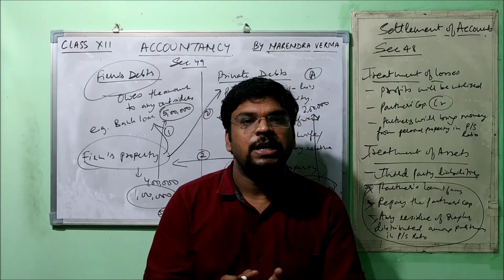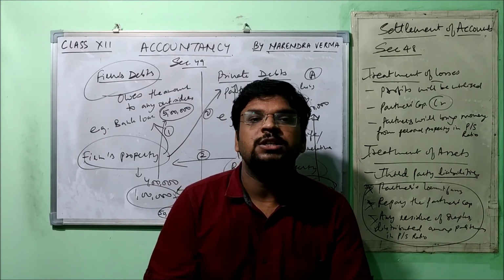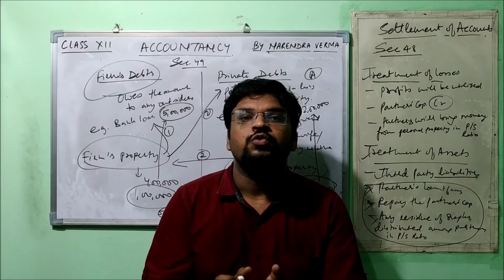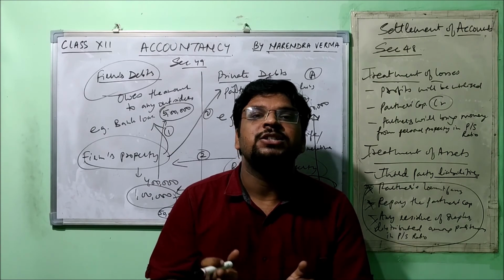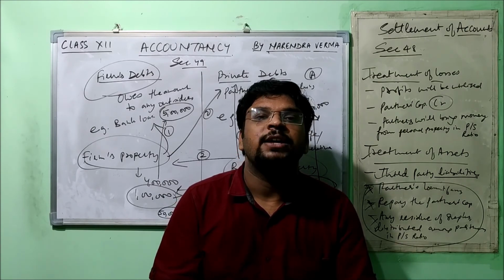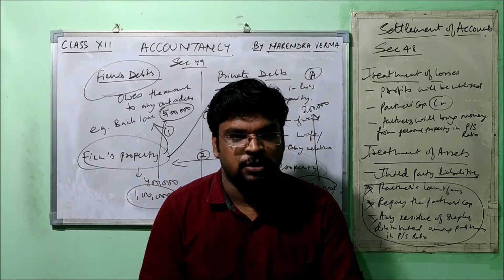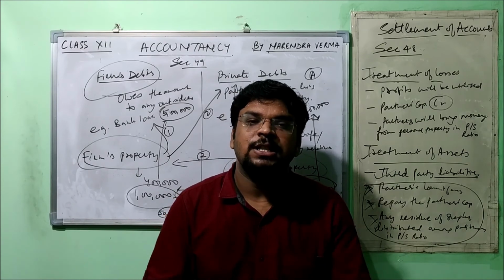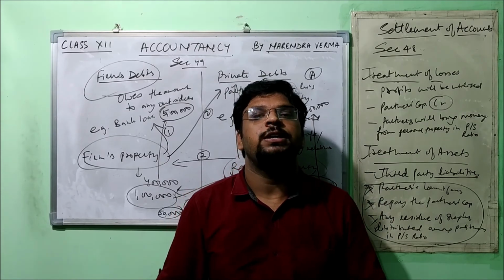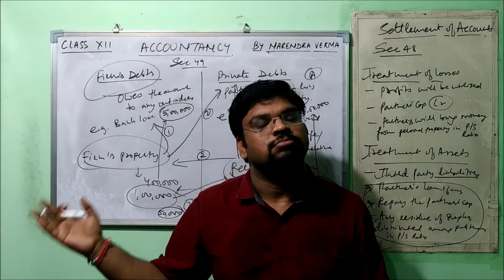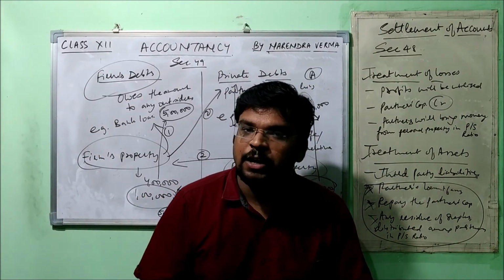Similarly, if there is insufficiency of funds, the private property, meaning personal property, will first be utilized to make the payment of the private debt of the particular partner, and if any residue is left, that will be utilized to pay the firm's debt, but up to the extent of his share, not more than that. Right? Even then, if there is any deficiency that is not met, then the partners become insolvent. And in that case, the payment becomes bad debt for the outside people. Understood the point?